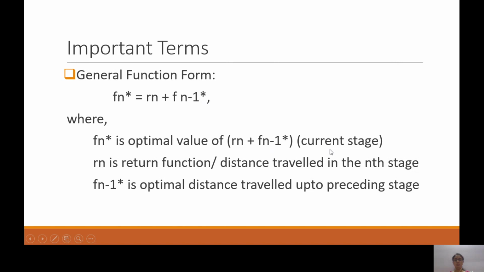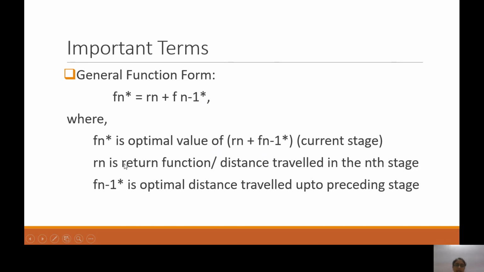Say again, if I'm doing it for stage 5, then the optimum value of stage 5 is the return function or return variable of that particular stage, that is the 5th stage, plus the optimum solution up to the previous stage. So this is my combination of return function of the current stage plus optimum solution or contribution till the previous stage.